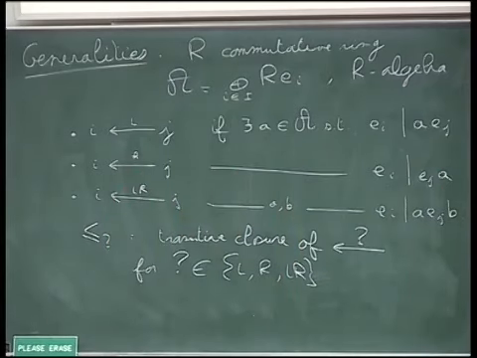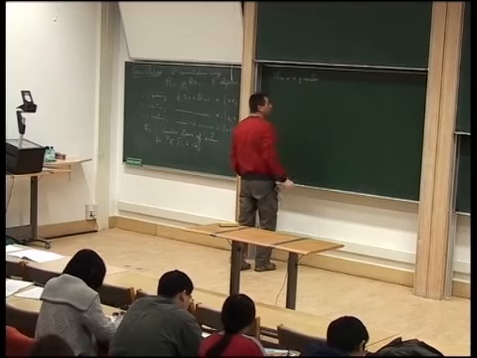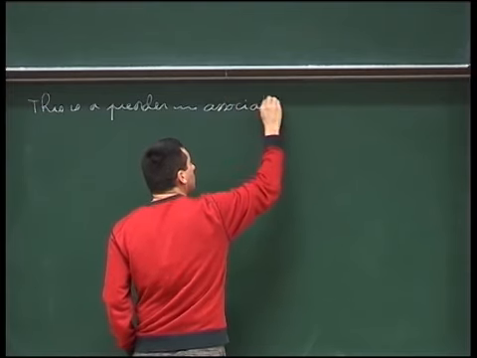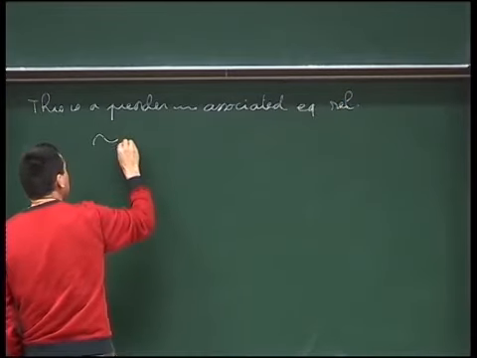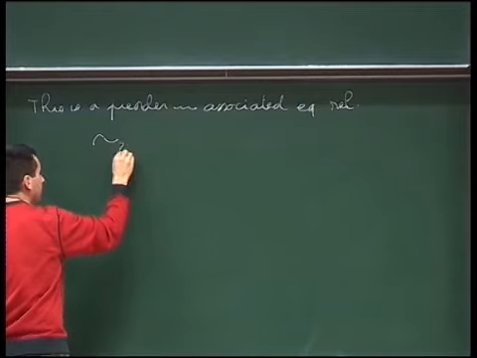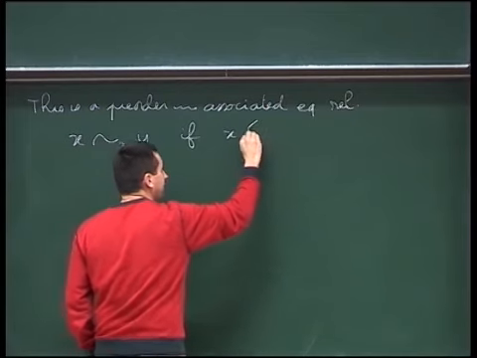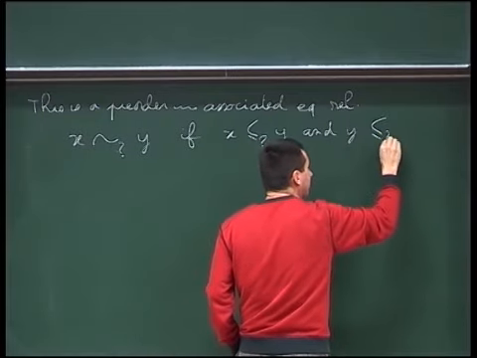This transitive closure is in general not an order, it is just a preorder. And you can define the associated equivalence relation. So x is equivalent to y if x is less than y and y is less than x.